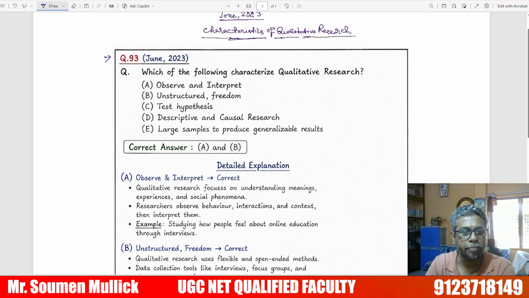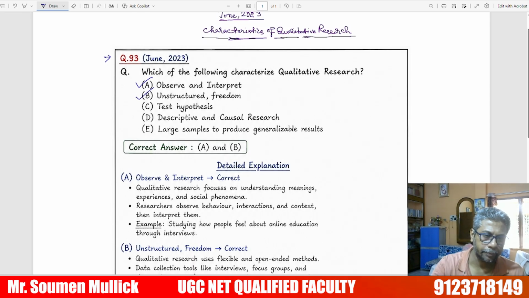B, unstructured and freedom. C, test hypothesis. D, descriptive and causal research. E, large sample to produce generalizable result. The correct options are A and B.